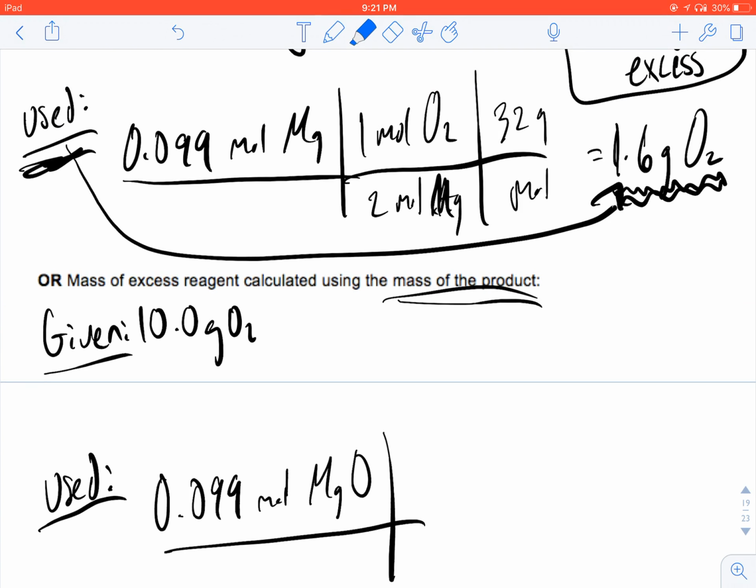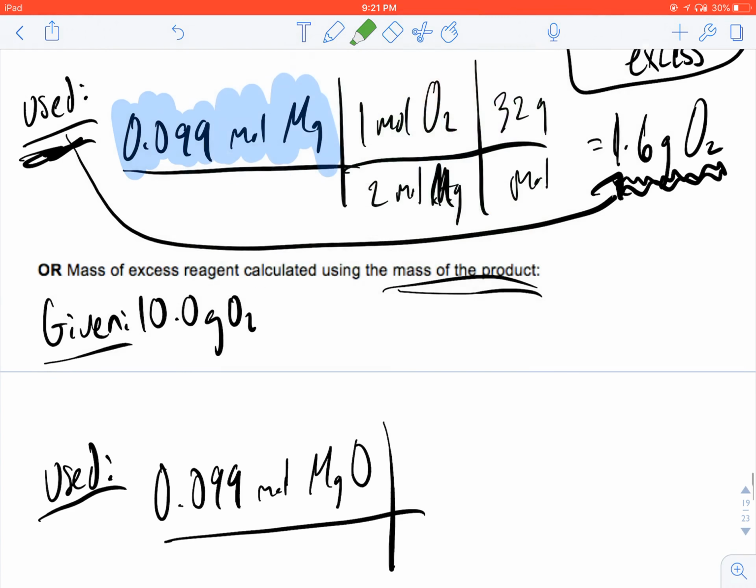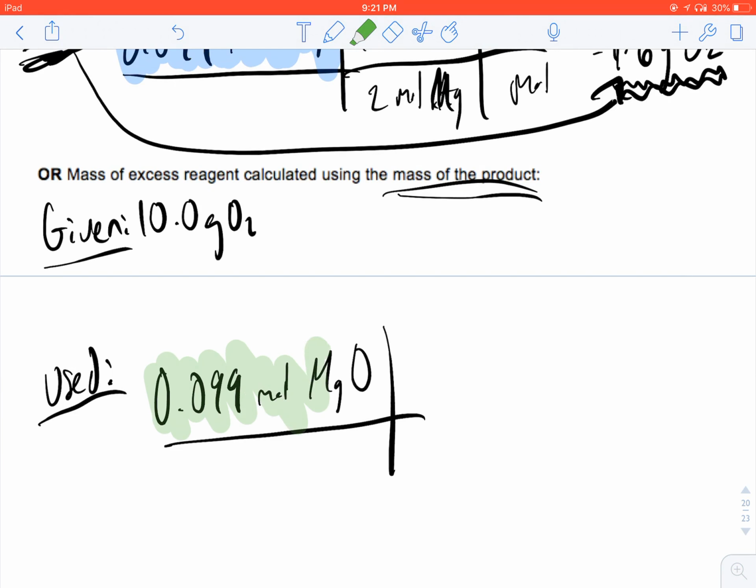So now it's just a different starting point for us. In the first method, we're starting with moles or mass of our limiting reactant. In the second method, we're starting with moles or mass of our product that's actually made.